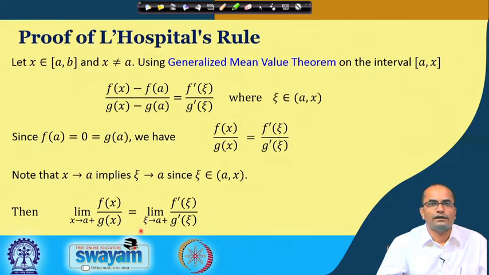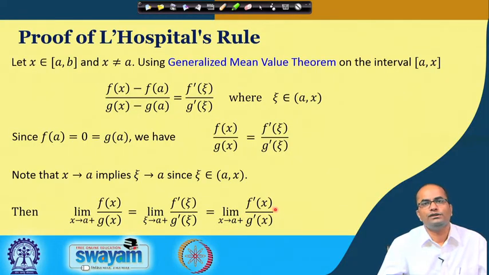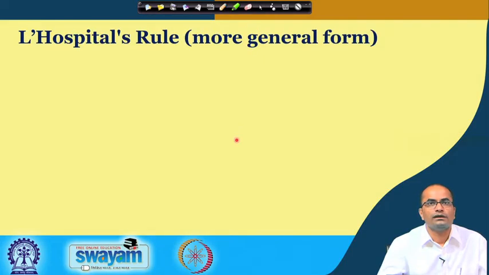And now we can replace this xi by some other name, or the most suitable is x. So, what we have seen is that the limit as x goes to a plus of the ratio f(x) over g(x) is nothing but the limit as x goes to a plus of f prime over g prime. So, this is the proof of this L'Hopital rule using the generalized mean value theorem.